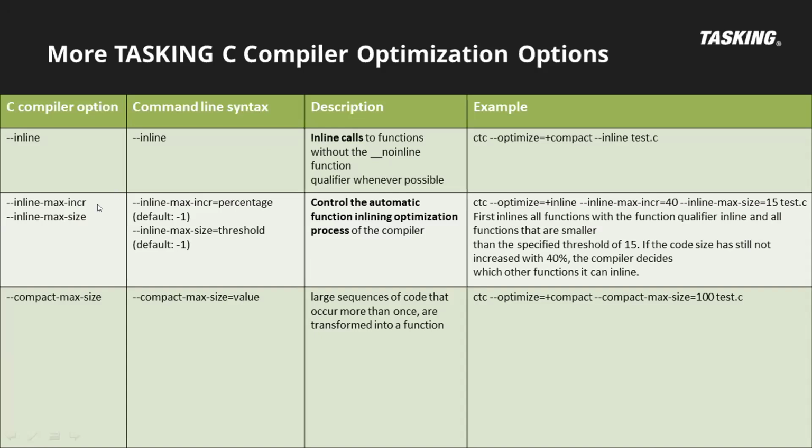Again, we already saw these two options in the previous slides. This is basically to control the inlining process, because it really doesn't make sense to inline and end up with very big code that cannot even be flashed on your memory. So please take care to consider these two compiler options as well in order to control this inlining process.